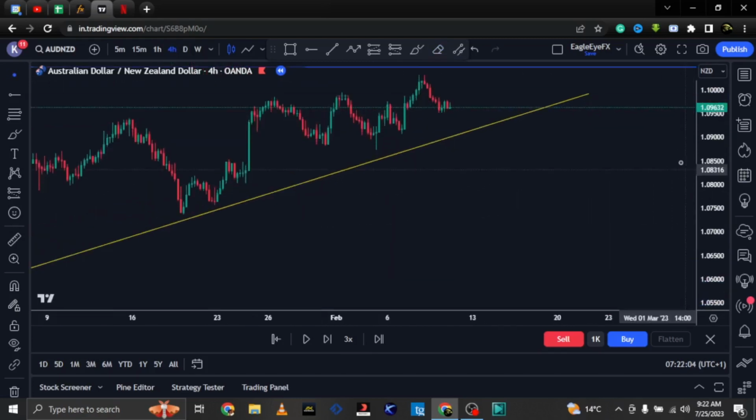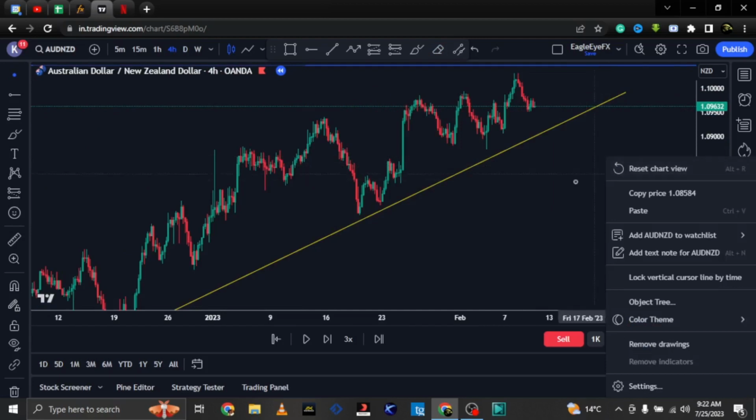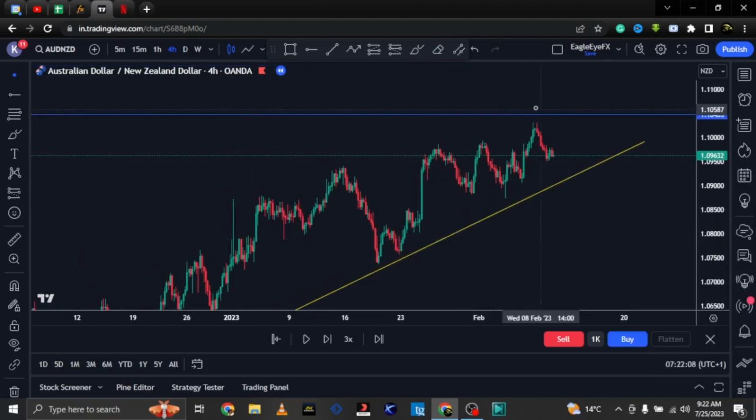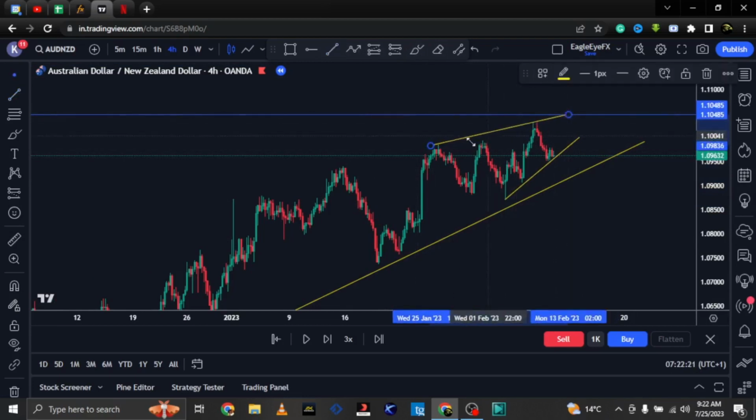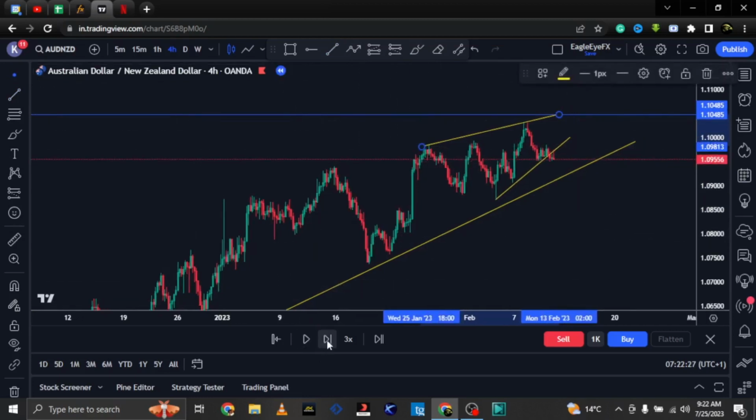So we are interested in how the market behaves once it gets to this level over here. You can see that already we have a structure over there. Then we had this. Maybe you can just evolve this to that level. So let's continue playing this out and see how it goes.